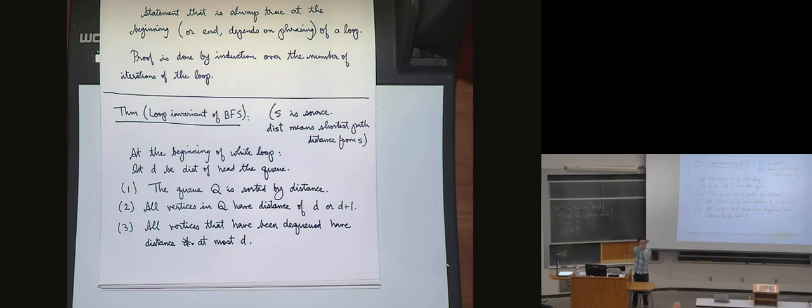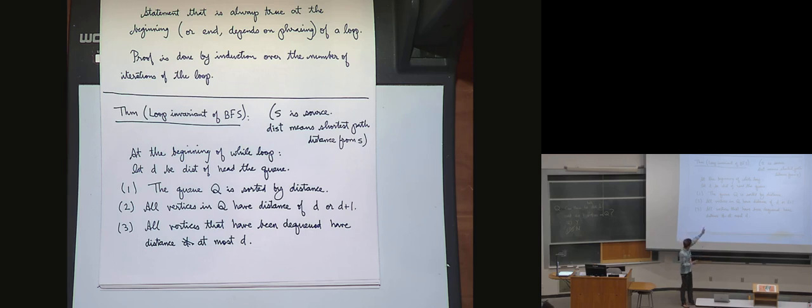Yeah? Because you set the visited to true when you enqueue them, not when you dequeue them. Okay, and good. So the vertices that have distance D plus 1 that are in the queue are also visited. Good, exactly, right? So the things in the queue have been visited, and their distance is D plus 1. So if I were to say all vertices that have been visited have distance at most D, that would be false.